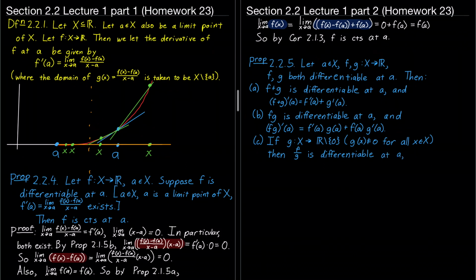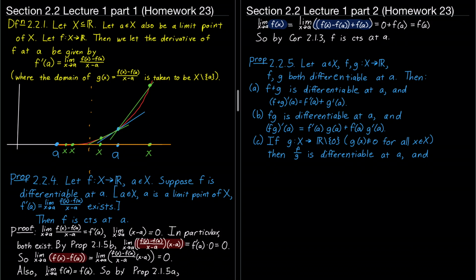And if there are a few isolated points where g is 0, you can just throw them out of your domain, and as long as a isn't one of the points you throw out, that is, as long as g of a isn't 0, then your function is still differentiable at a.